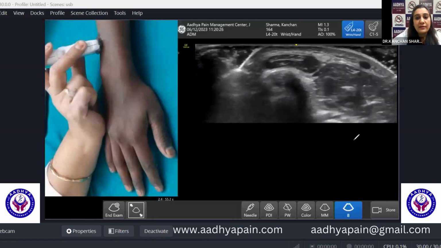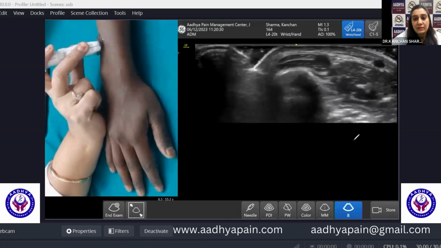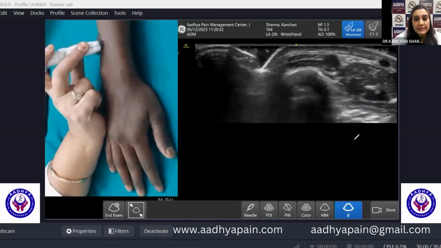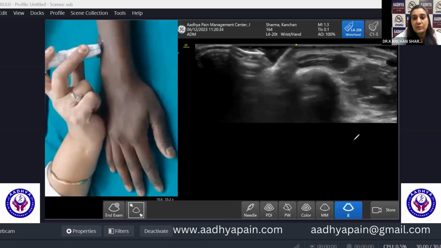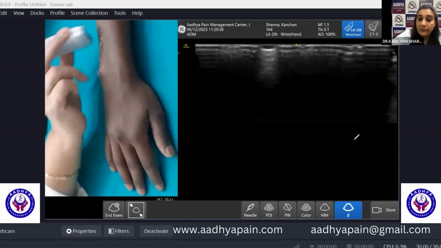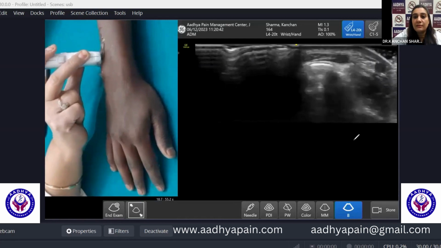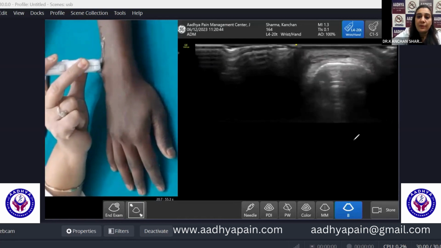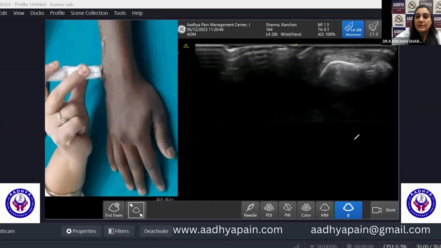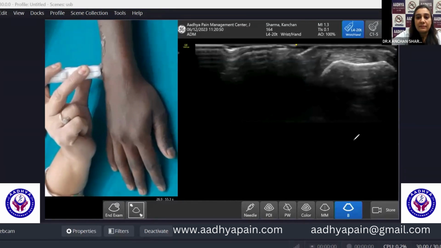And then you identify the ECU, right? The muscle which you are seeing just beneath the center of this is your ECU. You keep on following this muscle. You will see that it becomes a tendon. You keep on following it, and then you will see this is what you are seeing as the sixth compartment.